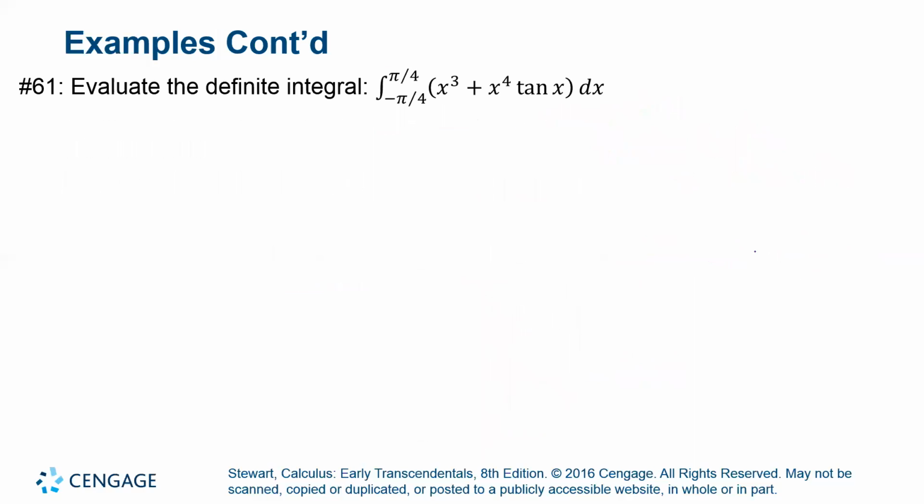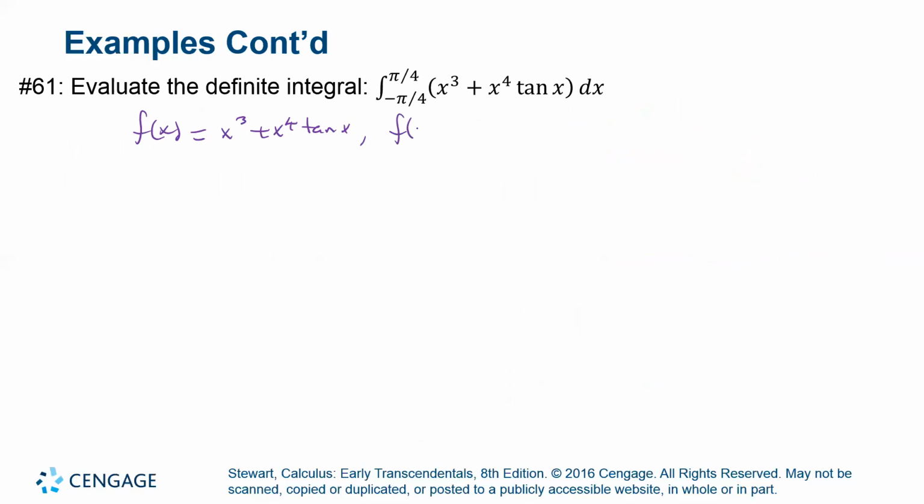All right, here's the last example. Evaluate the definite integral from negative pi over 4 to pi over 4. Our f of x is x cubed plus x to the 4 tangent of x. Let's see whether it is odd or even.